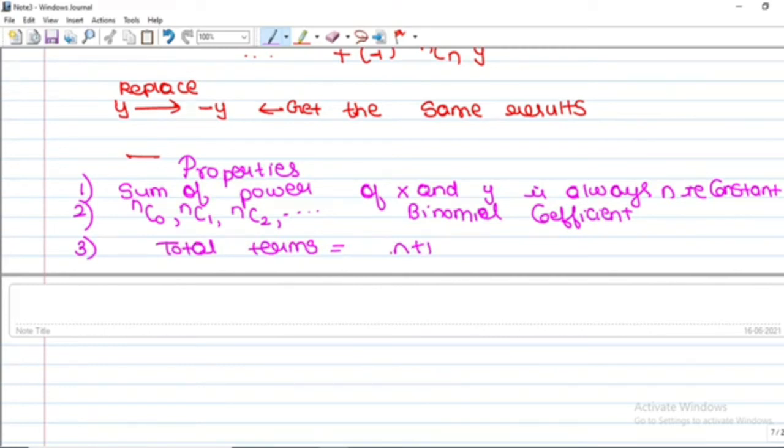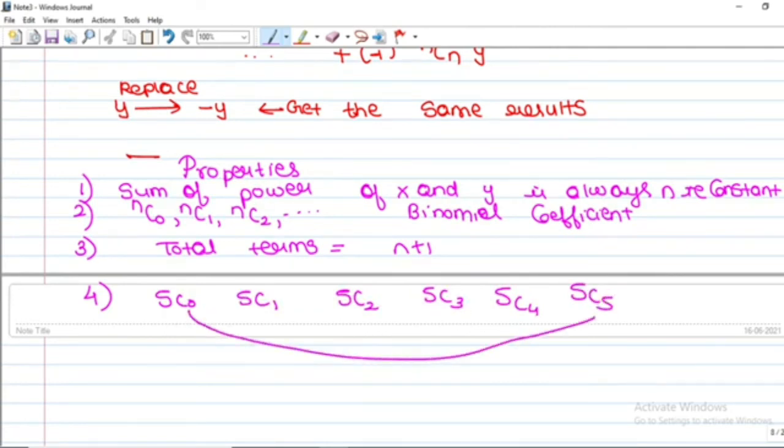And the last property which we are going to see is, if I give you 5C0, 5C1, 5C2, 5C3, 5C4, and here 5C5 will be there. If you observe, this is equal to this, and they are equal.